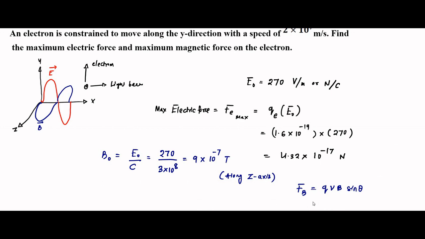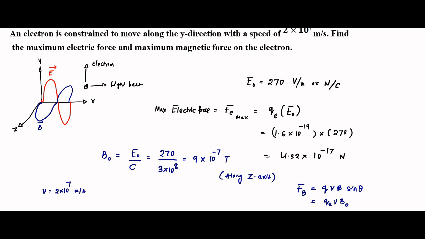So it will simply be qE vB, where B is B0 in this case, and the speed of the electron is given as 2 into 10 to the power 7 meter per second.